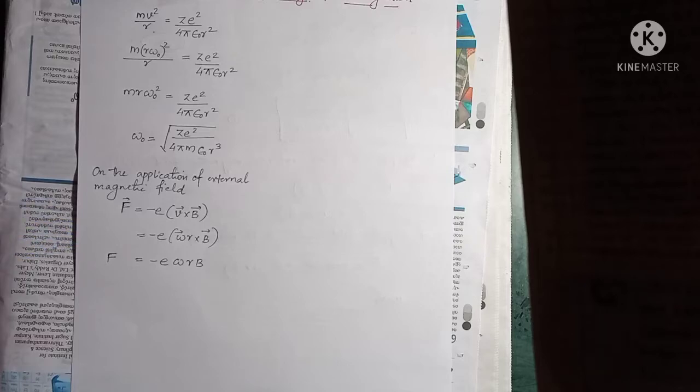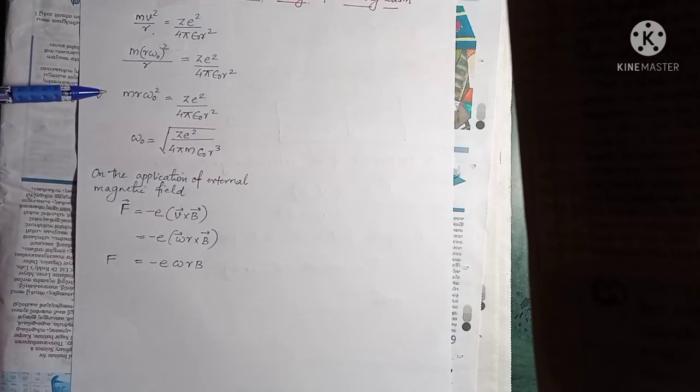Now the electron in the circular orbit is moving with a different angular frequency, and this is not the equation which balances the electron in the circular orbit.